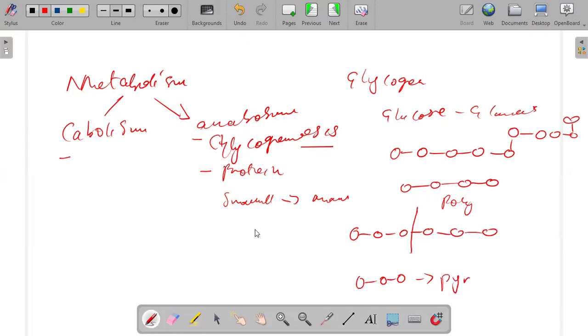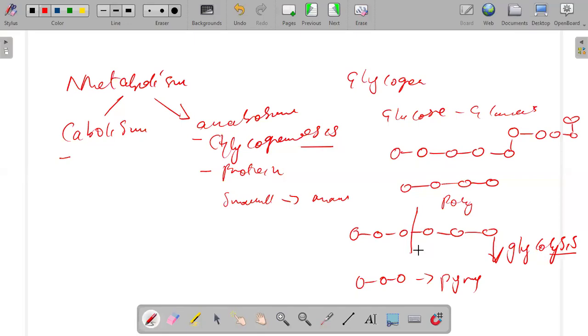So you notice that if you get the glucose molecule, we undergo a process called glycolysis. Okay, so lysis is the breaking, isn't it? Whenever we use lysis in biochemistry, just know we're talking about breaking, right?